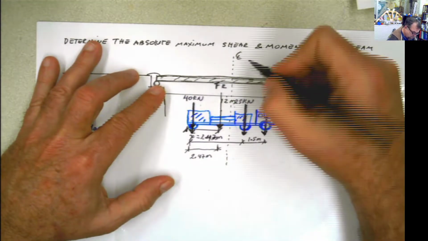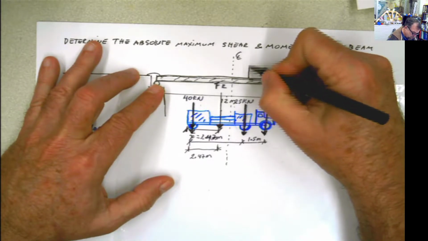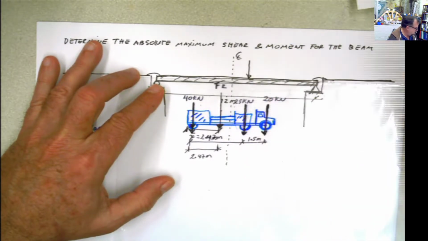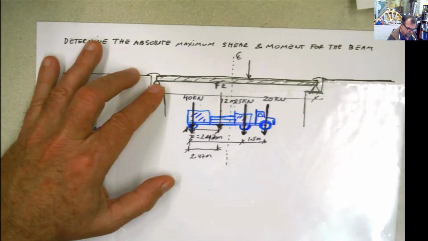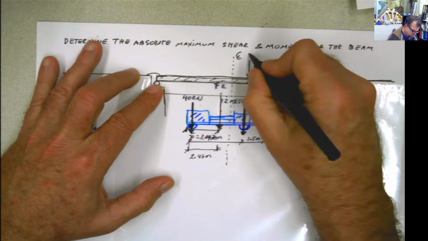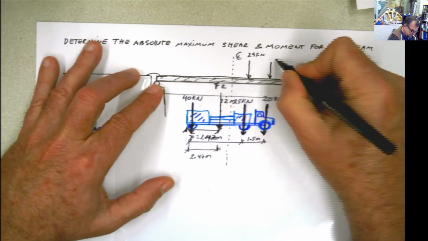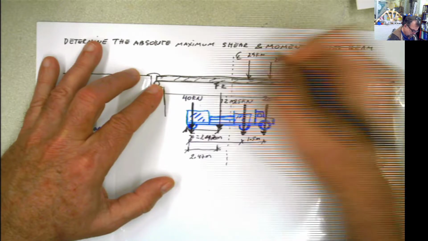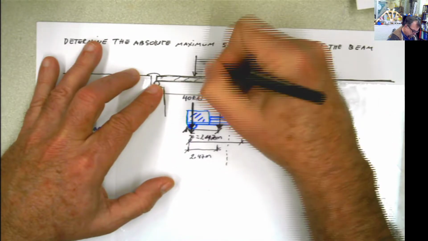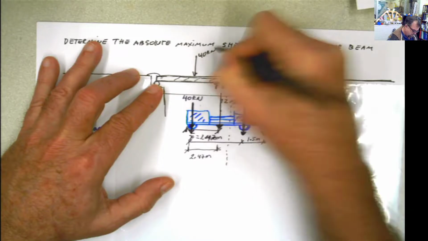So that's what we are going to do. We're going to put here the 25 kilonewton load, the 20 kilonewton load, and the 40 kilonewton load here. There you go.